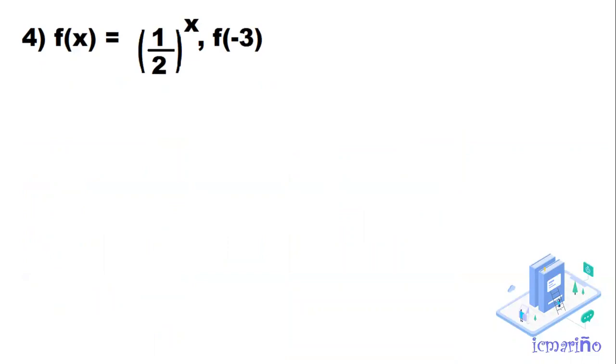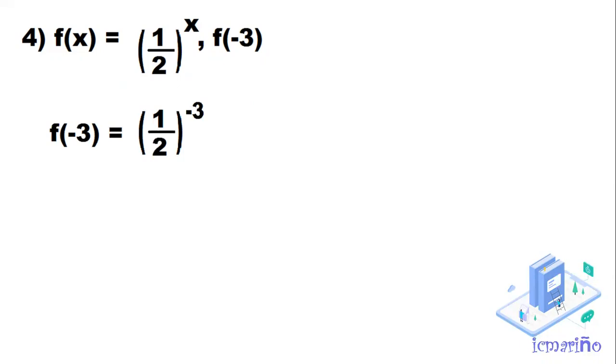Next, f of x equals 1 over 2 raised to x, and f of negative 3. This time we are given a negative value. So f of negative 3 is equal to 1 over 2 raised to negative 3. Again, if we have a negative exponent, we need to flip the base, or get the reciprocal of the base, and then the negative exponent becomes positive.